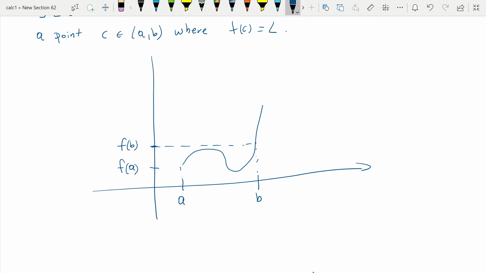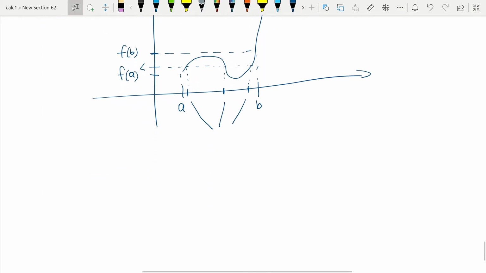Then for any value L in between f of a and f of b, you'll be able to find at least one c, one value in between a and b, such that f of that point c is equal to L.